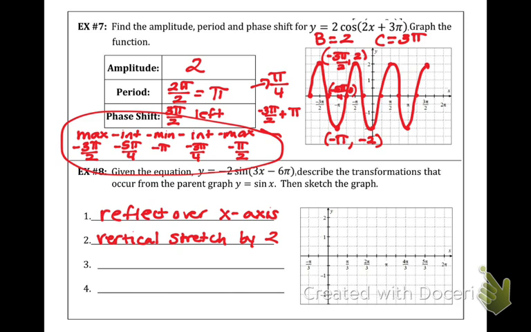My period is changed. My period is going to be 2 pi over b, which is 3, so 2/3 of a pi. And then we have a phase shift to the right because of that minus. My c is 6 pi divided by 3, so 2 pi.